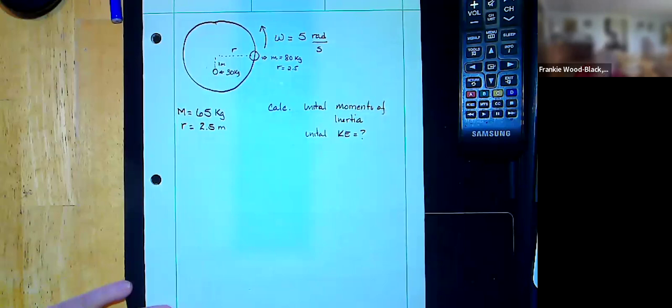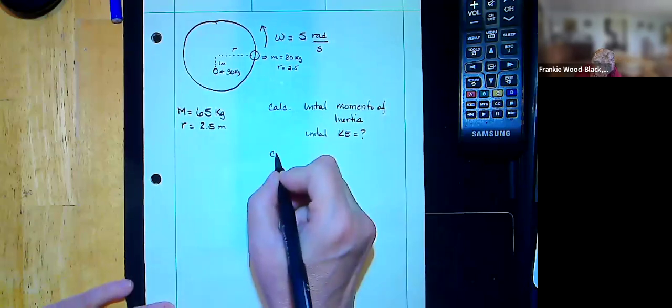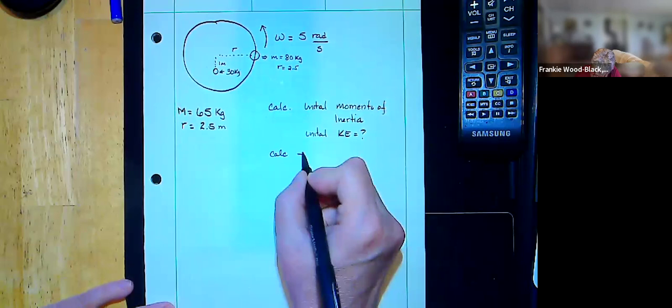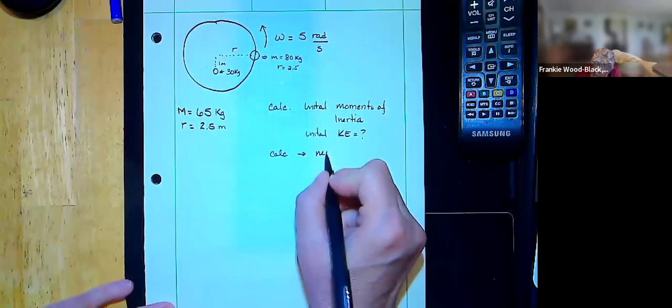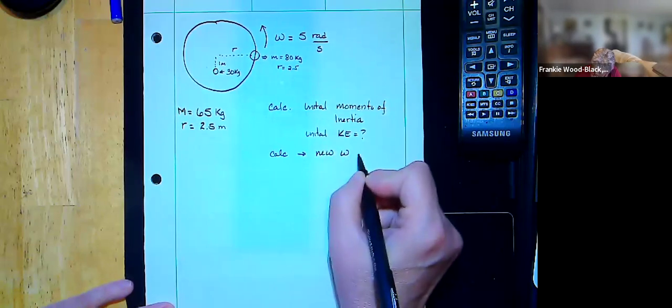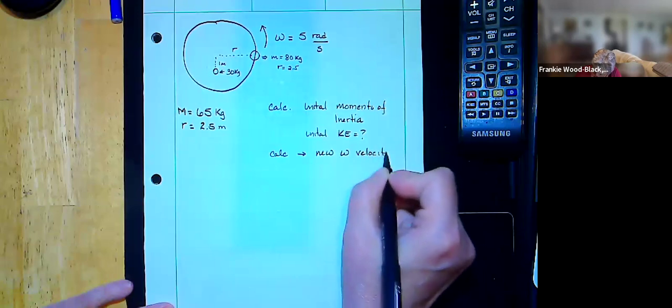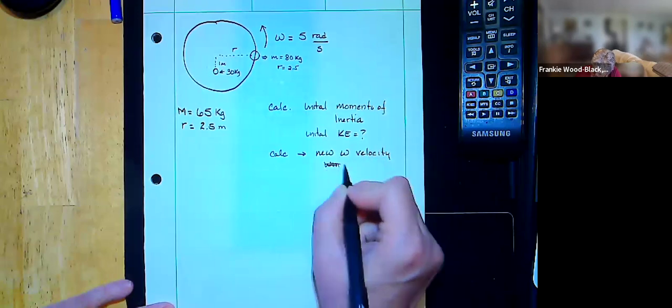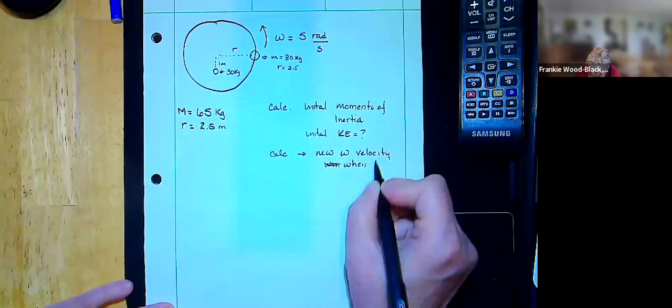Then we're going to calculate the new angular velocity when the big kid jumps off.